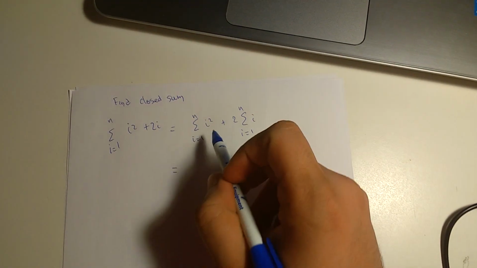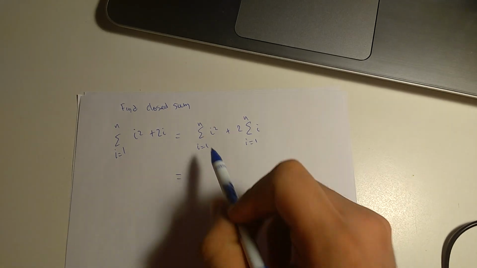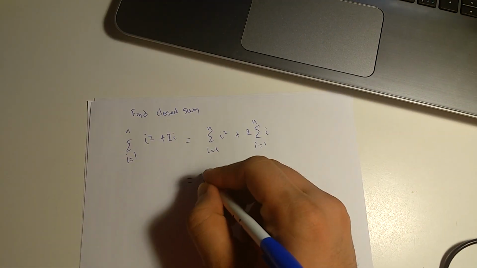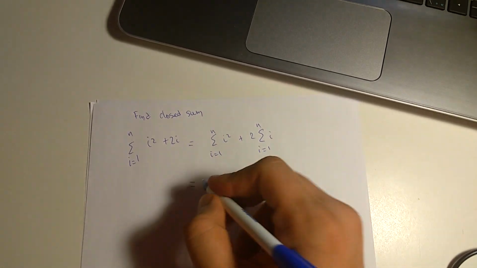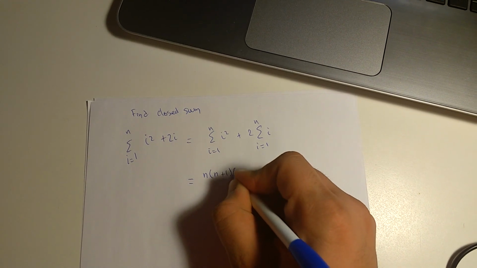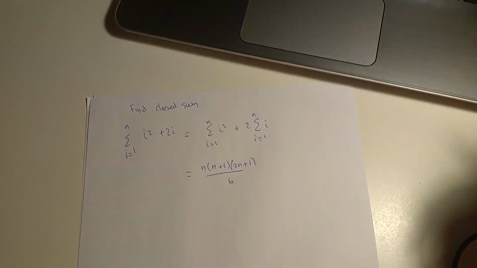The sum of i squared is a property that we went through in my previous video if you want to watch that, or if you know it, all the better.